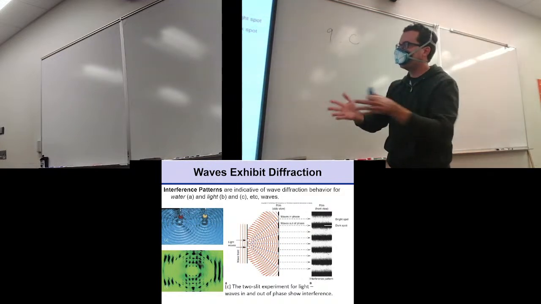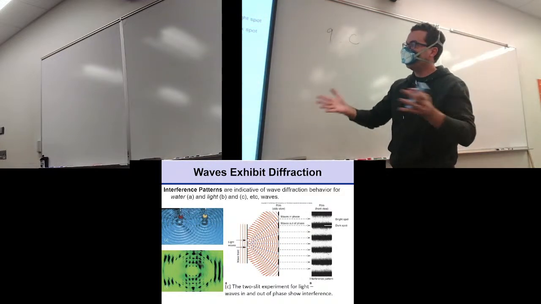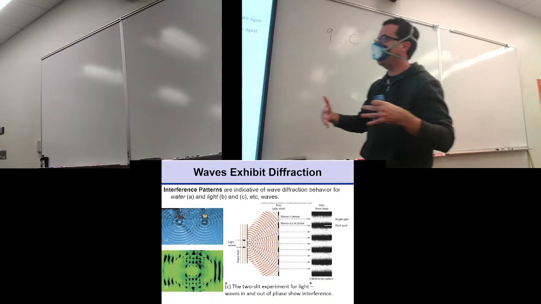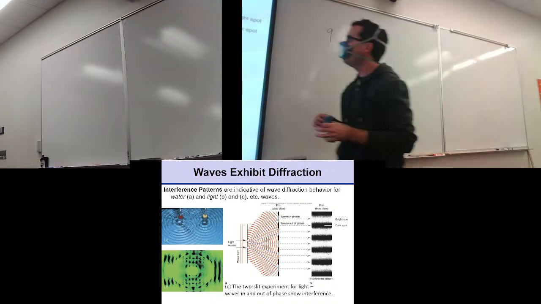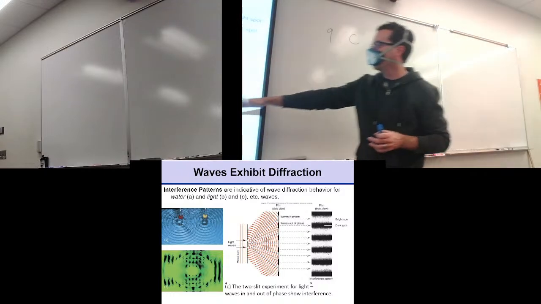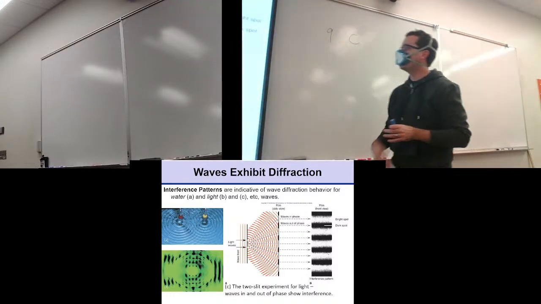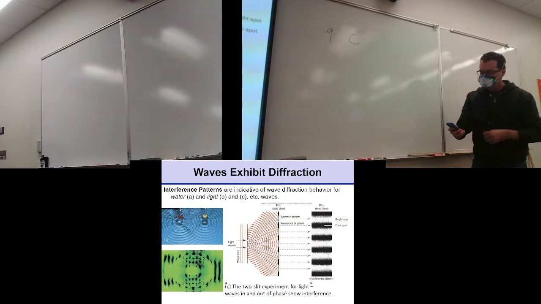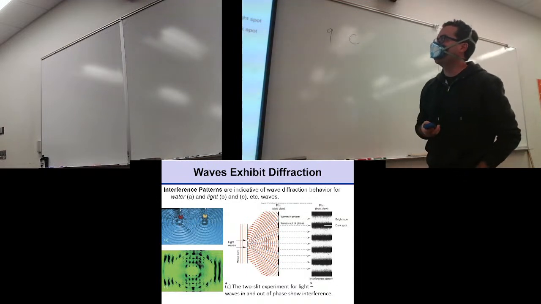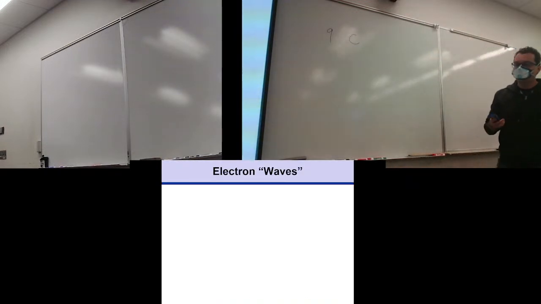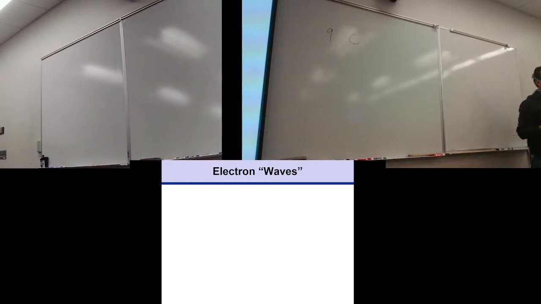If you have more than one slit, like a diffraction grating does, those waves that emanate from the slits, that diffract from the slits, will start to interfere with each other and make an interference pattern. Light and dark, light and dark, okay? So we've seen this before. And it turns out electrons do exactly the same thing. So that video we saw before, we did see that. So electrons do the same thing, which means they have wave-like properties.